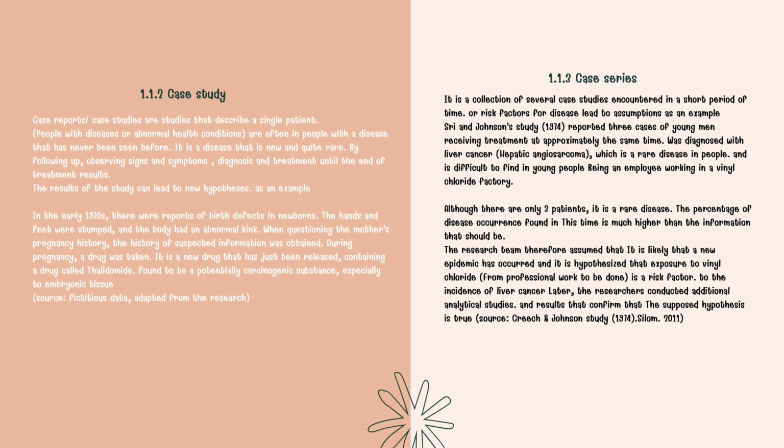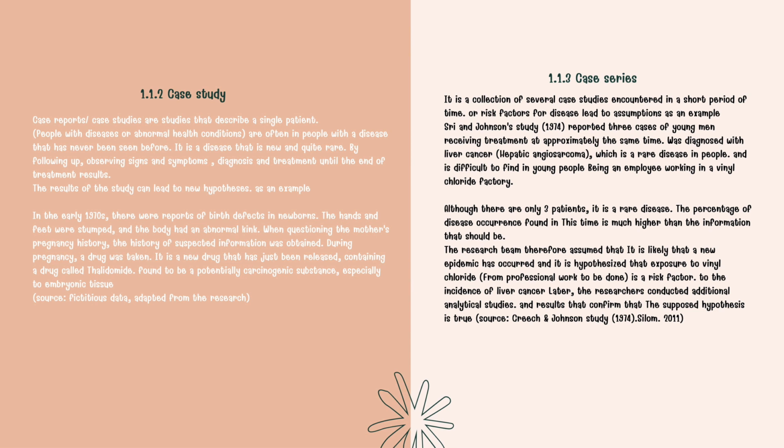Next, let's see number 3, case series. The case series is a collection of several case studies encountered in a short period of time, or risk factors for disease that lead to an assumption.